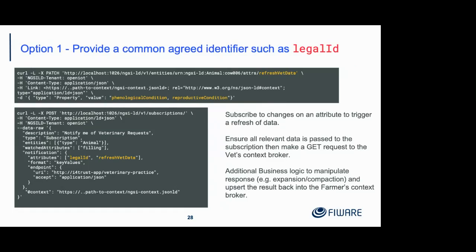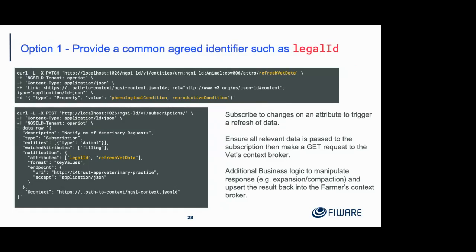I can put a patch request onto cow6 saying, refresh my vet data. I would then have an attribute which I would be watching with a subscription. On the subscription, I could then say, okay, notify me of veterinary requests.